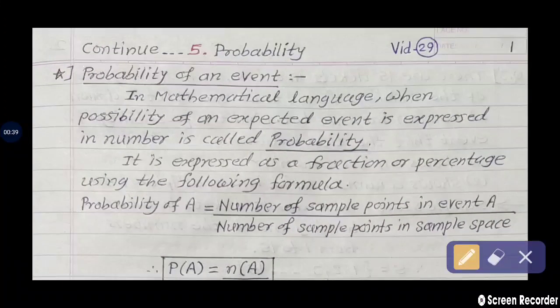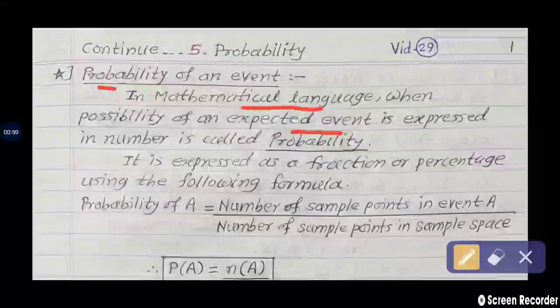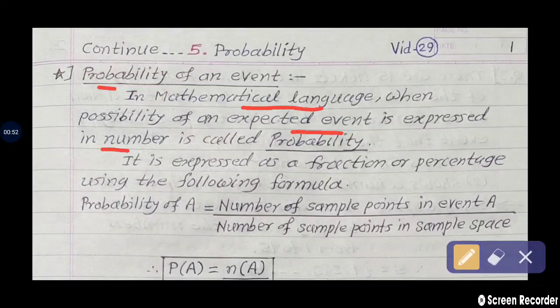See on the screen, probability of an event. In mathematical language, when the possibility of an expected event is expressed as a number, it's called probability. It is expressed as a fraction or percentage using the following formula.